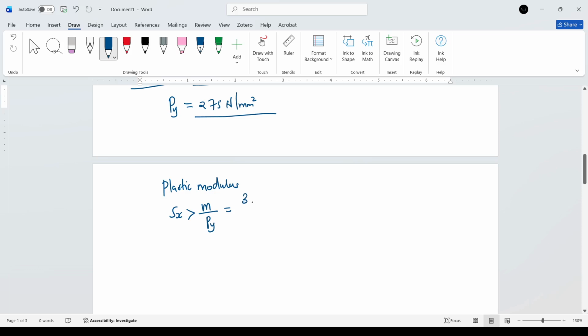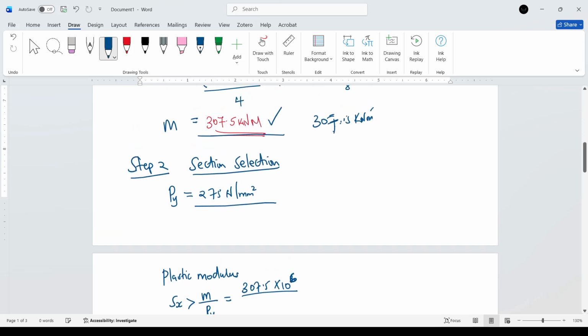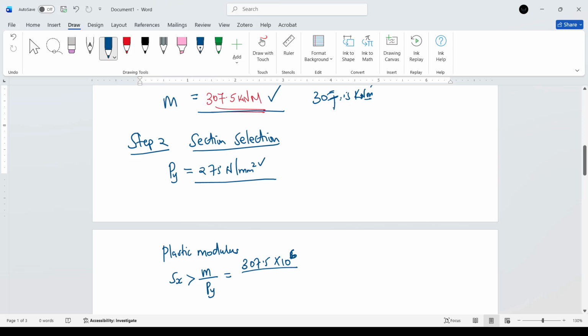So it will have 307.5 times 10 raised to 3 divided by, kilonewton to newton to millimeter, so this is to 6. This is kilonewton meter, and this is newton per millimeter squared. So that's why we are doing it that way.